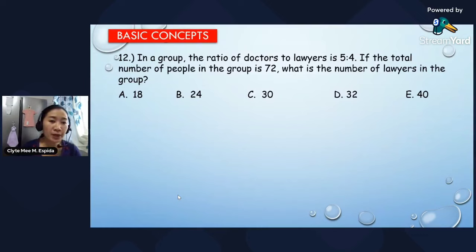If the total number of people in the group is 72, what is the number of lawyers in the group? So doctor to lawyers. So our lawyers is 4. Okay, yung doctor is, yung sa ratio is 5. Okay, sige. So let's solve. Comment down your answers for number 12.